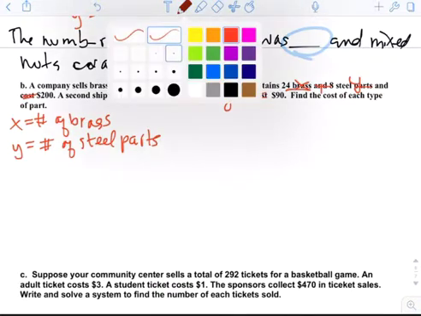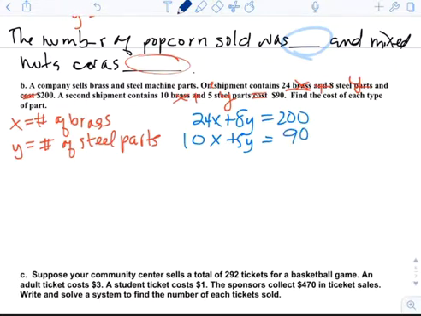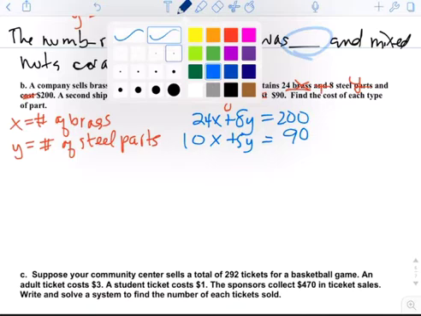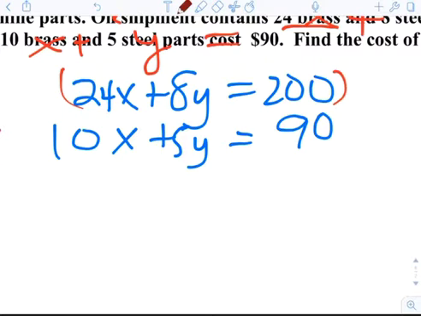Okay, so you get 24x plus 8y equals $200, and then 10x plus 5y equals $90. I would use elimination. This one's harder to eliminate. I would eliminate the y. I multiply this by 5 and I multiply this by -8.